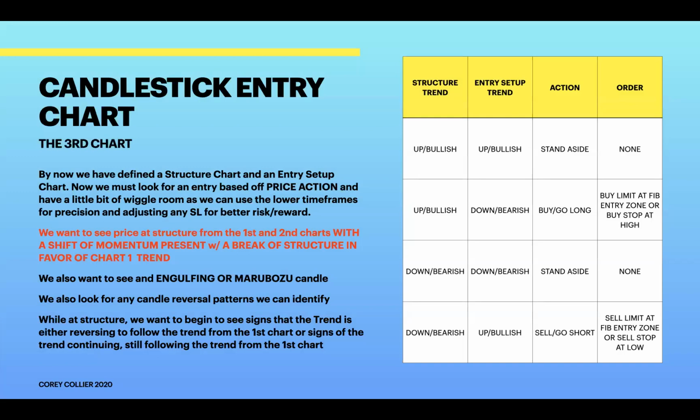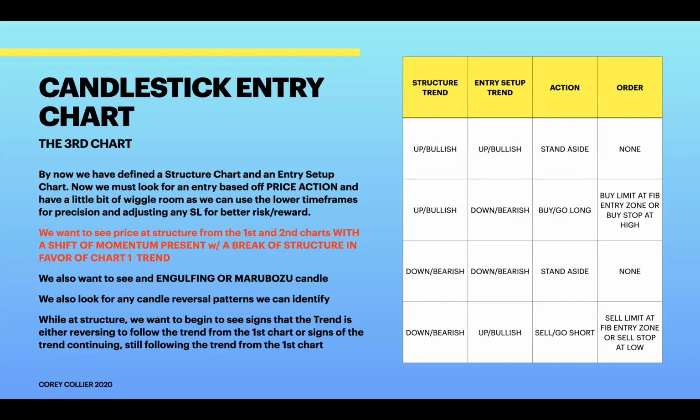We've got a little bit of wiggle room in this chart as we can use lower time frames for precision and adjusting any stop loss for a better risk to reward ratio. Now, on this chart, guys, we want to see price at the structure area from the first and second charts, with a shift of momentum present and a break of structure in favor of the trend of chart 1. So let me break this down.